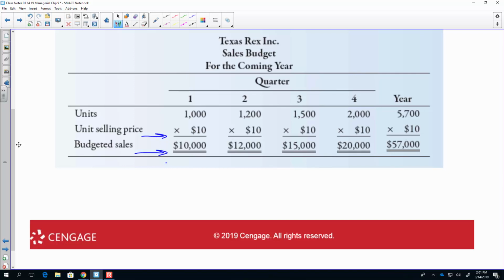Also, for the year, which is a sum, on your Excel, I want you to use the auto sum as much as possible, right? I don't like cell C3 plus cell E3 plus cell F3 plus cell G3 when you're doing sums. It's redundant. So auto sum where we can.